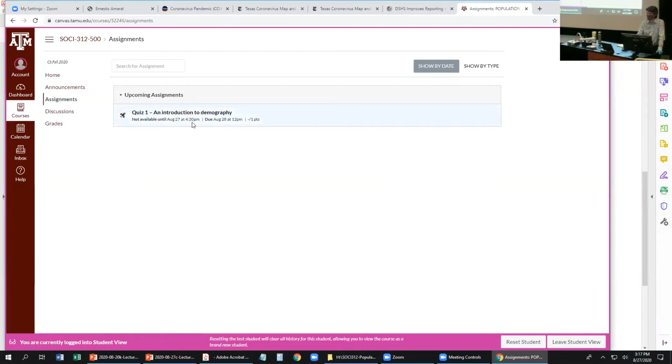It says when it's going to be open and closed, but that's how you're going to do it. And again, I suggest you read that document that explains the structure of quizzes and exams. Your grades are automatically posted, but you're going to be able to check the correct answers just at 1 p.m. Okay? Any questions about that?